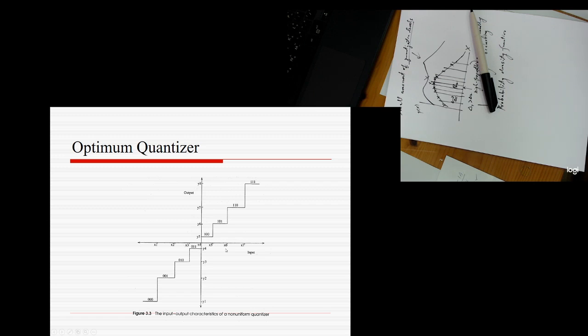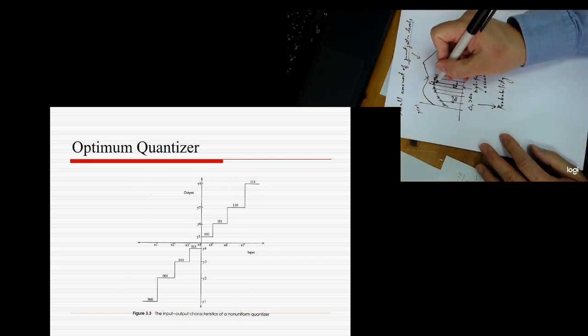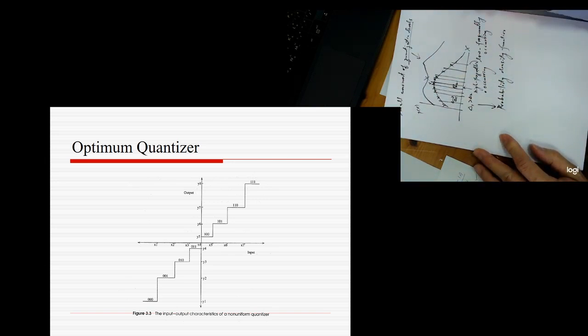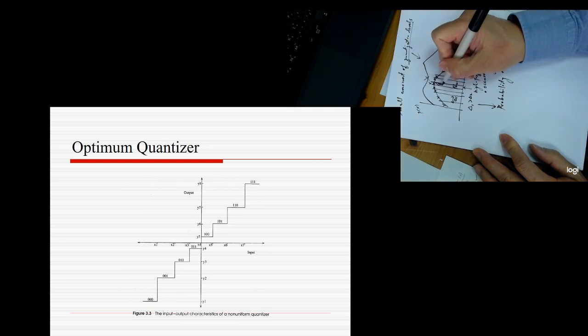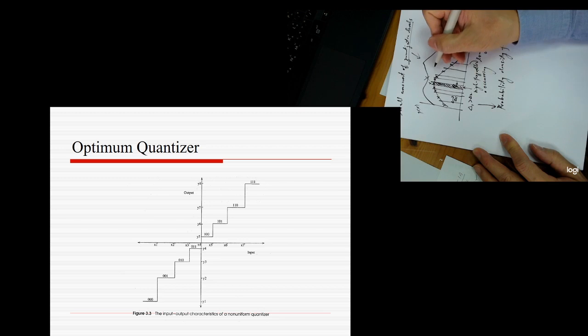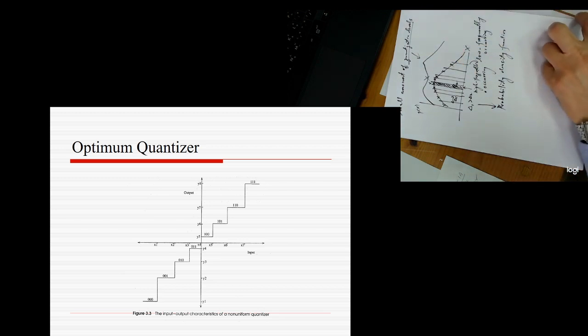In this region we use a small step size, and in the other regions, where data does not come out often, we can use a bigger step size. So the main idea here is that if you know the probability density function, it is very simple: you partition your quantization levels accordingly.